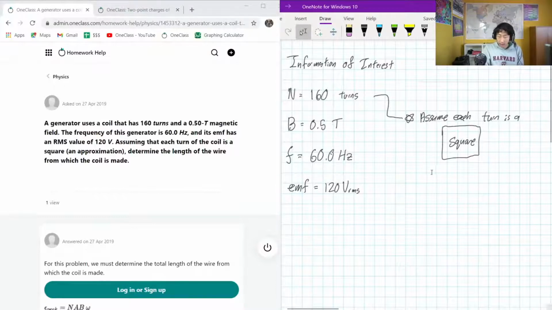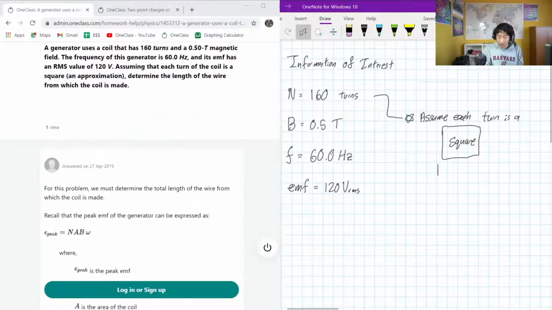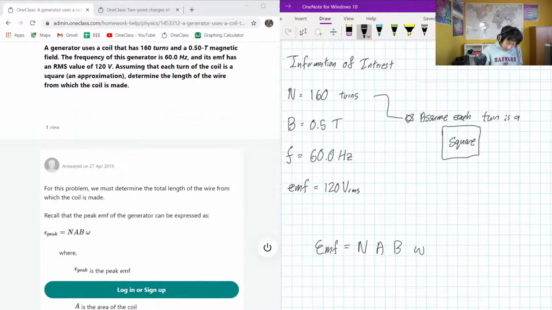Now to do that, we need to get our equation that is going to be corresponding to this. So the equation that we want to use is this one right here. This is a pretty common coil equation. So here is our epsilon, or our EMF, is equal to our number of turns times the area times our magnetic field times our angular frequency.